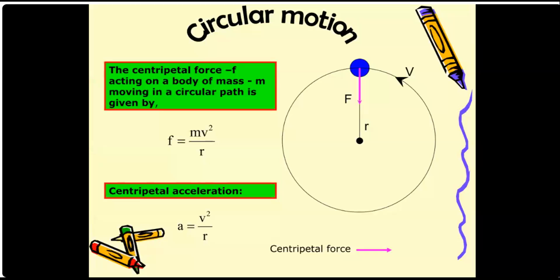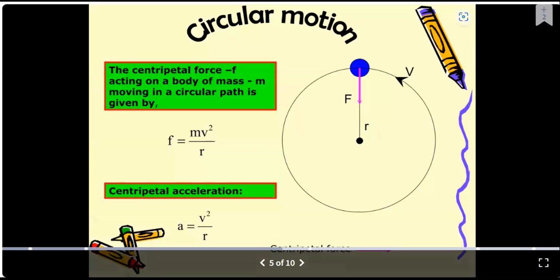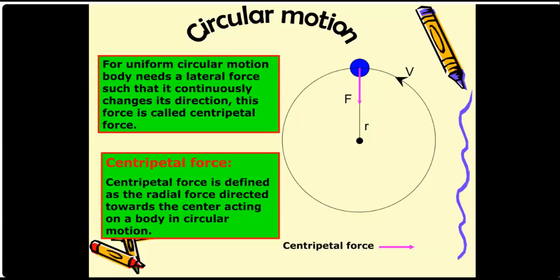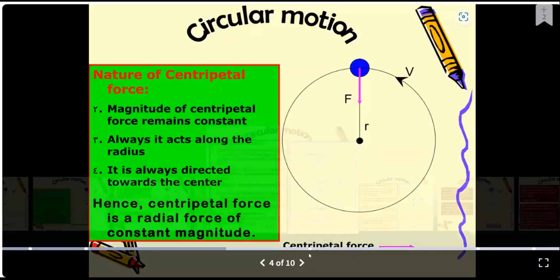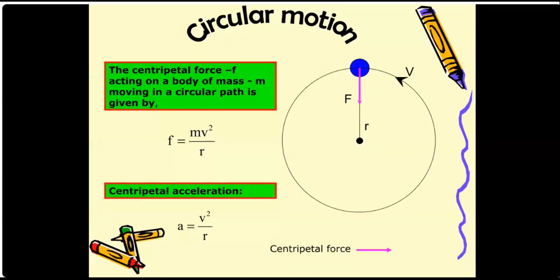But now, how do we quantify the acceleration and the force that causes the circular motion? Well, the acceleration, I'll go backwards. This is the acceleration. It's equal to v squared over r. Let me give you that force.